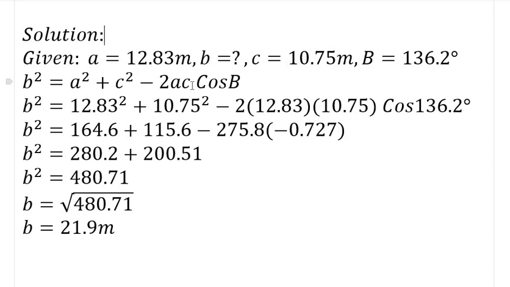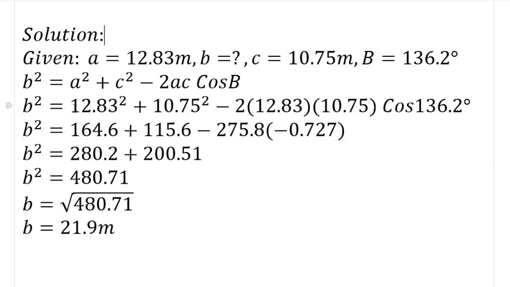So let's input our parameters. Our A, 12.83 squared, plus C, 10.75 meters, then 10.75 squared. We have it here. So the formula says 2AC. This is 2. Our A is 12.83. Our C is 10.75. Multiplying them, cos our B, cos B, capital letter B, 136.2 degrees. Awesome.